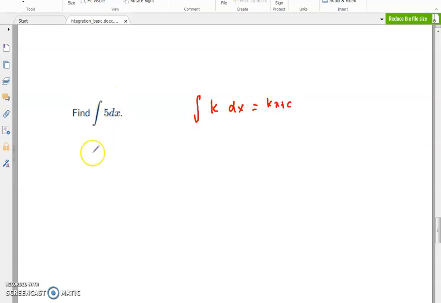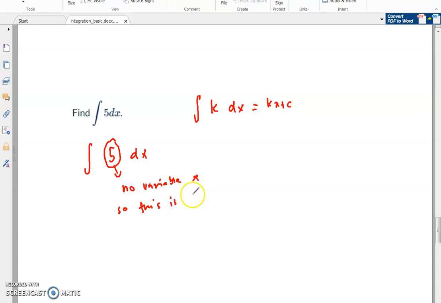So if you look into this part, integrate 5 dx, you can see that here you have no variable x. So we can see that this is a constant, k constant. So you need to refer to the formula number 1 just now, which is this formula.